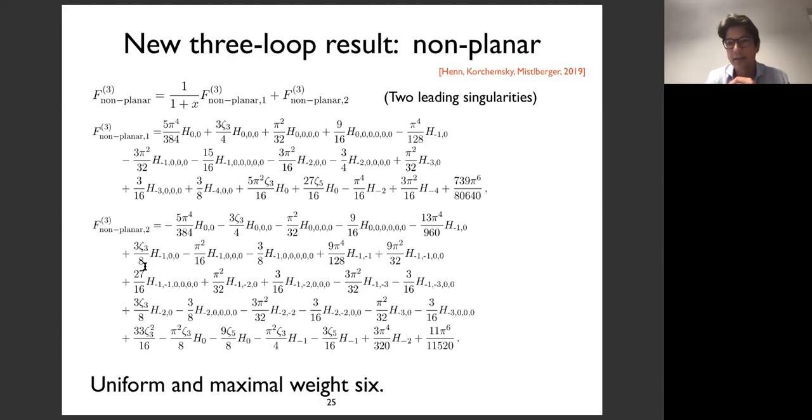So you can already get some additional constraints from that, by requiring at the integrand level that the object you are going to calculate will be finite. So we do have a lot of control on that.